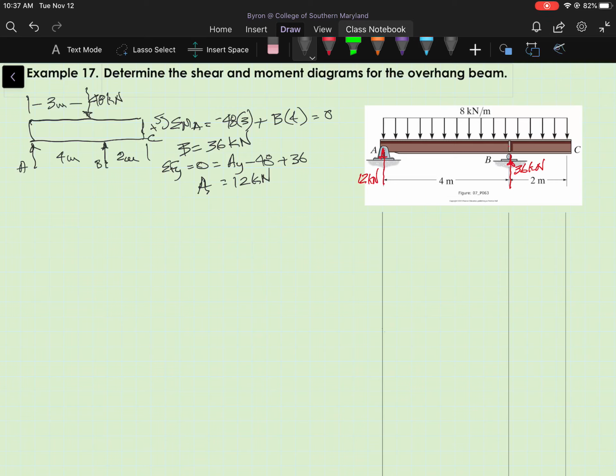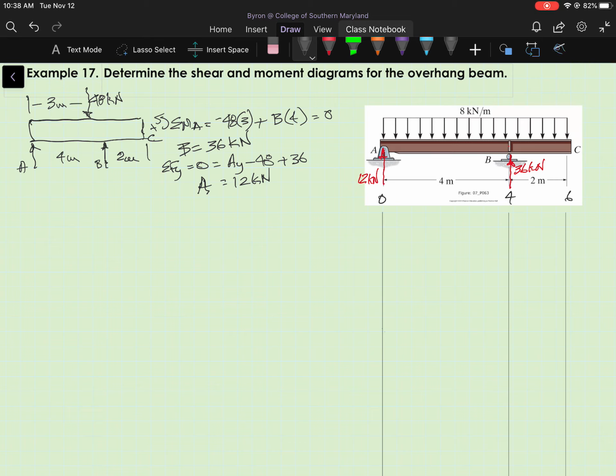Now for my second step, I'm going to work from the left end of the beam where x equals 0. Now I'll put x equals 0 there, x equals 4 here, and x equals 6 at C. Now I'm going to work my way from left to right and identify any discontinuities.